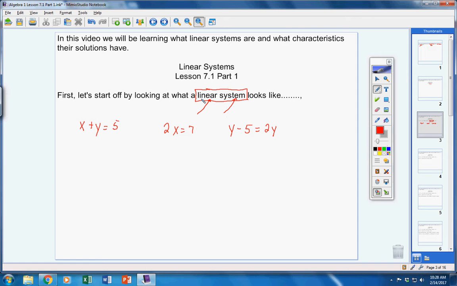Now here's where I would like you to write notes. You have a linear system when you have two, or please write this down, two or more linear equations put together as one problem.